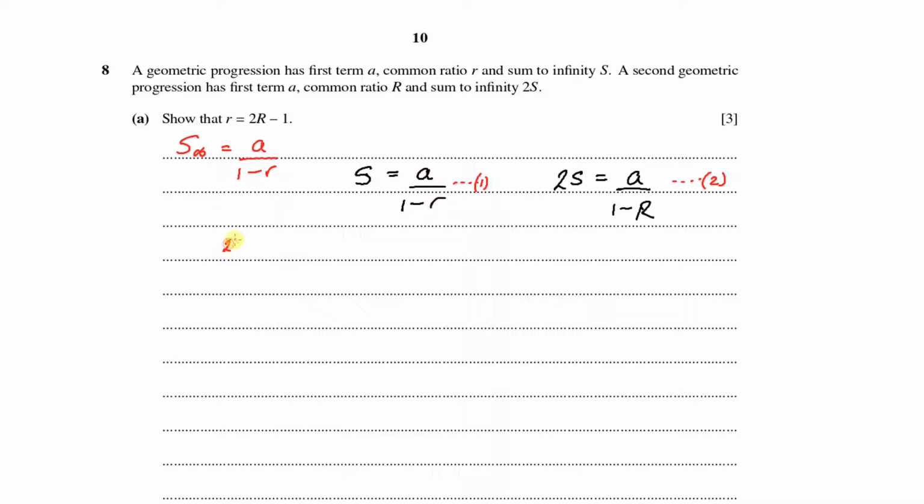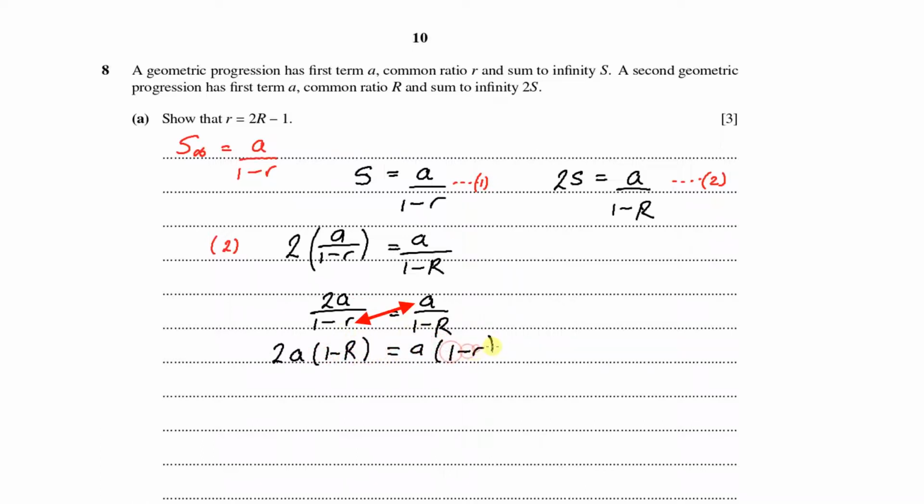So therefore, equation 2 will be like 2S, so in place of S we have a over 1 minus r, is equal to a over 1 minus capital R. So we can simplify this now to 2 times a, that's 2a over 1 minus r is equal to a over 1 minus capital R. So solving this, we can cross multiply, so we can have 2a multiplied by 1 minus capital R is equal to a multiplied by 1 minus r.